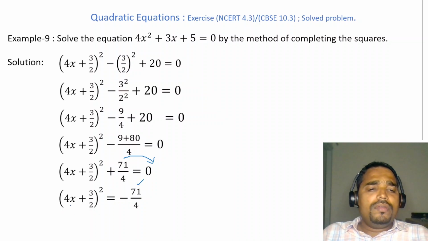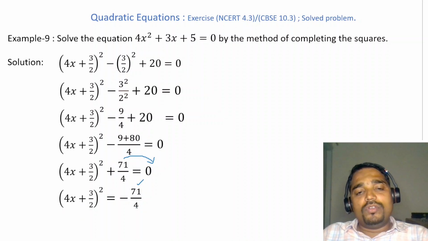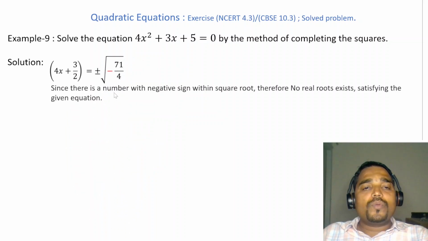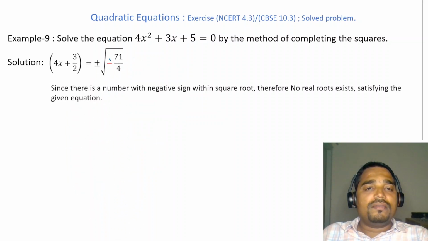Therefore, (4x plus 3 by 2) whole square is equal to minus 71 by 4, or 4x plus 3 by 2 is equal to plus or minus square root of minus 71 by 4. Now we see that within the square root there is a minus sign.